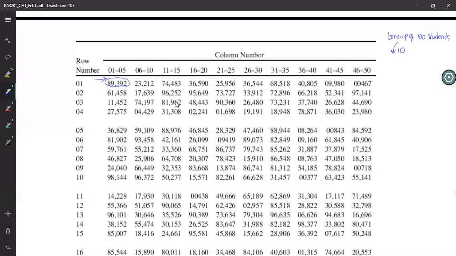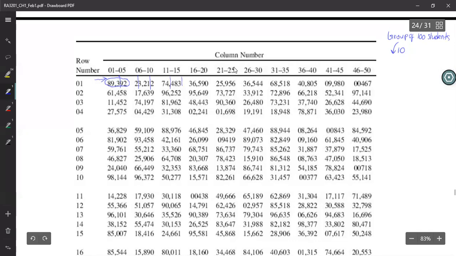So how do you split it? First will be 893. Next 3 digits will be 922. Next 3 digits will be 321. Next will be 274, 483, and so on. So I'll get a series of 3-digit numbers.